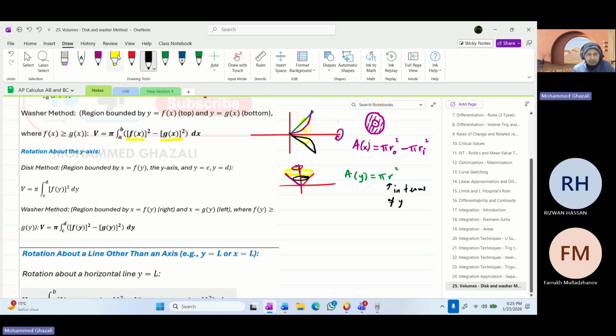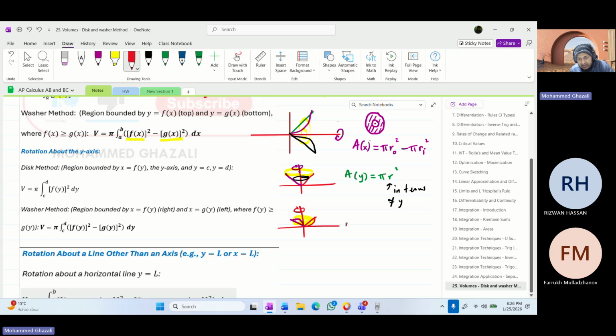What happens when you have two functions? You can take the same thing as above, a straight line and a parabola, and rotate it about the y-axis. Then the image formed will be that, and there's your cross section here. I'm drawing it in yellow, inner and outer.